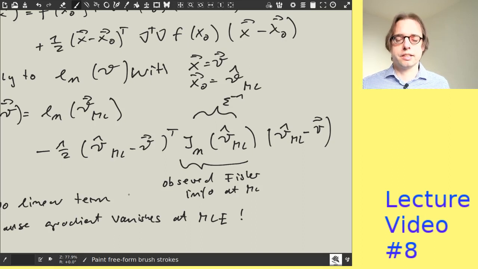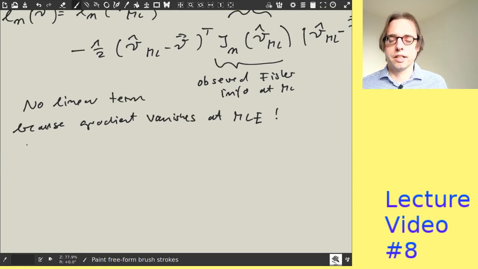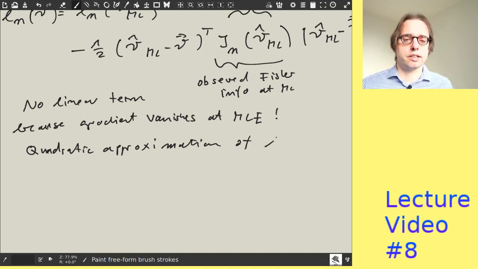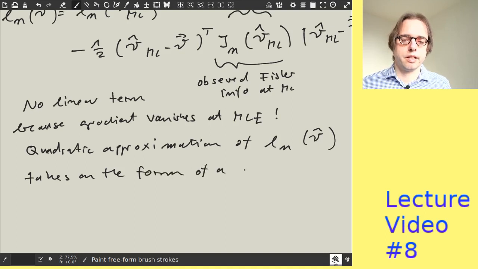So this means that the quadratic approximation of any log likelihood function takes on the form of a log density of the multivariate normal.